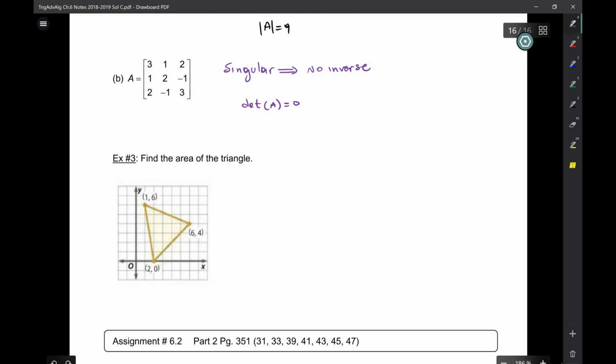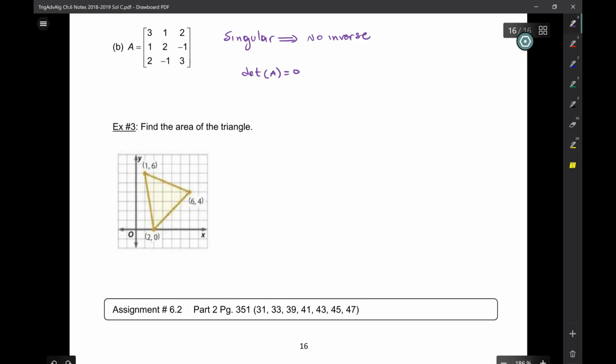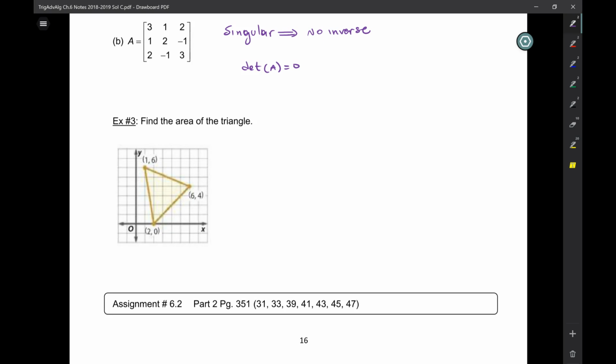Okay, so take a look at what we've got here. It's a 3 by 3. I'm sorry, it's not a 3 by 3. It's a triangle, and now we need to find the area of it. Back in the day, what did we learn? The formula was 1/2 base times height. If this was the base, where is the height?